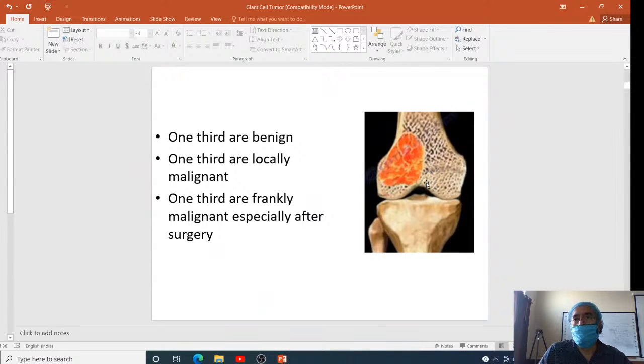See, ends of the long bones, as we have seen last time, because that's where the maximum growth is. So whenever there is some activity going on, the chance of it going wrong will be much higher. When there is no activity going anywhere, nothing goes wrong. So you better do some wrong when doing something rather than not doing anything. The same applies here also.